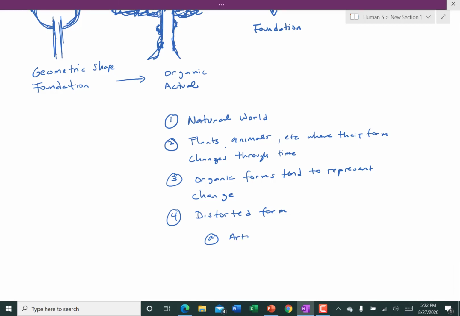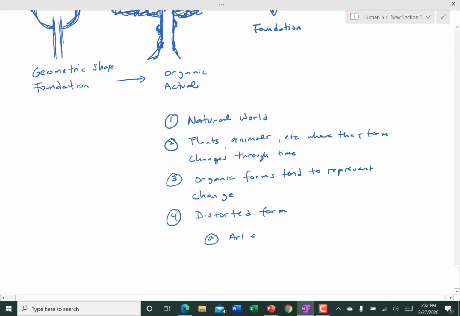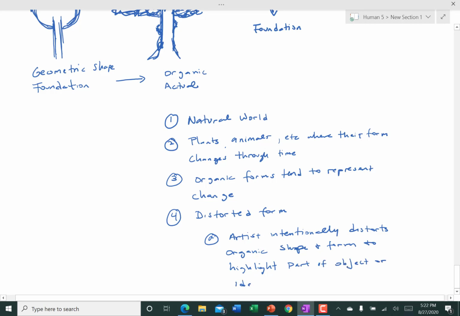The artist intentionally distorts organic shape and form to highlight either a part of the object or an idea. And we'll look at an example of that in a minute.